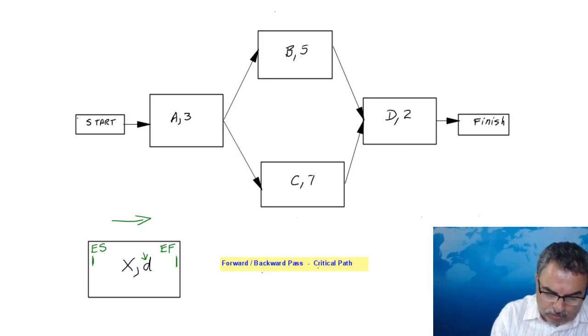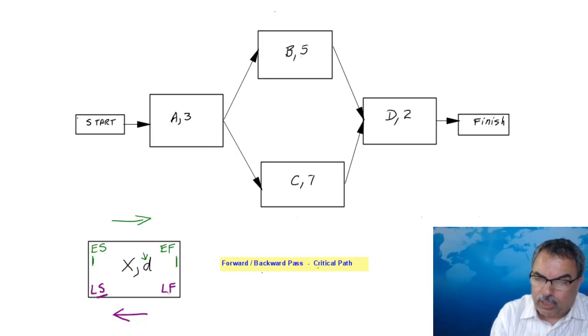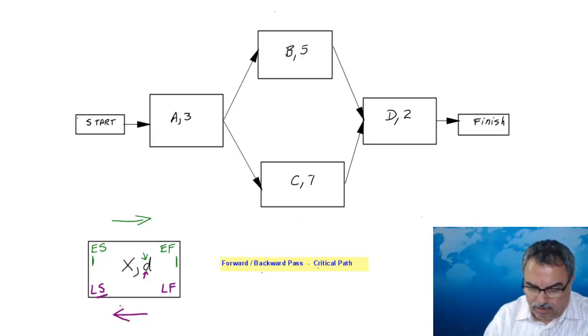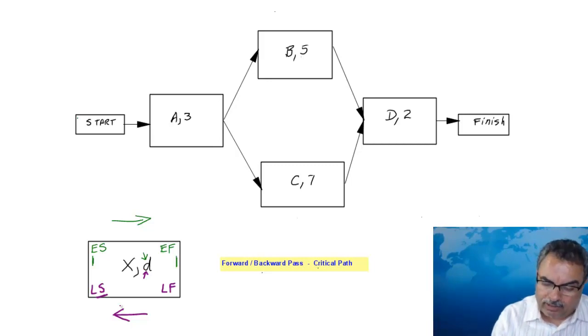And then we do a backward pass and calculate the latest finish and then the latest start. Again, the latest start now equals the latest finish minus the duration plus 1. Okay, we do minus 1 when we go forward, plus 1 when we come back backward. Now, once we do this work, we take a look at any task and compare the EF and the LF.